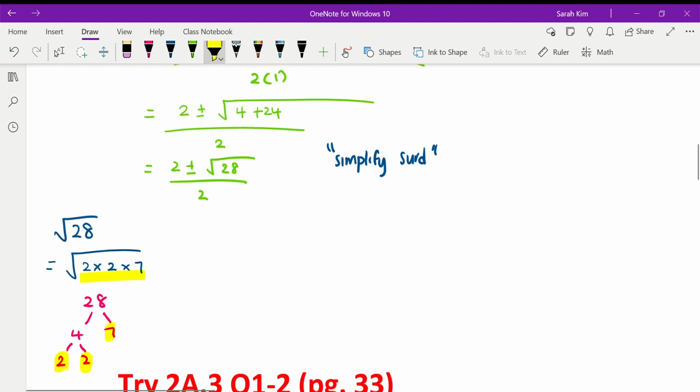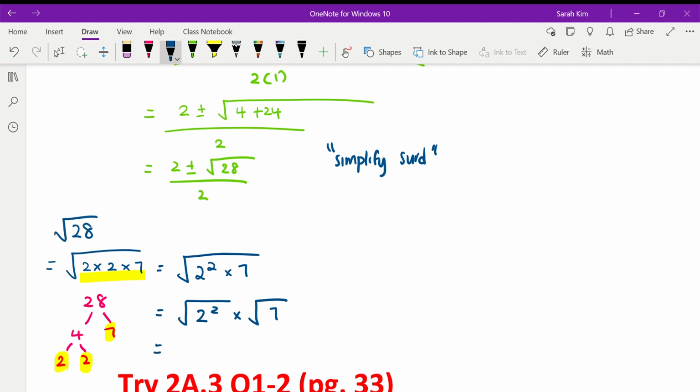Once I split it into factors, I can write it as 2 squared times 7. Using some rules, I can split it up into surds. And you can notice that square root and square are inverses of each other, meaning opposites of each other.